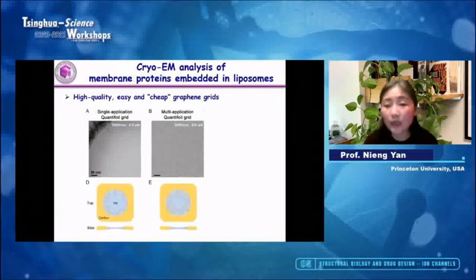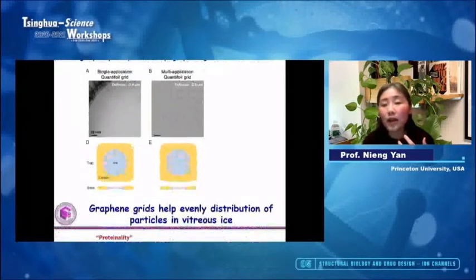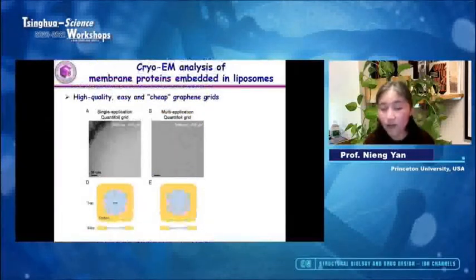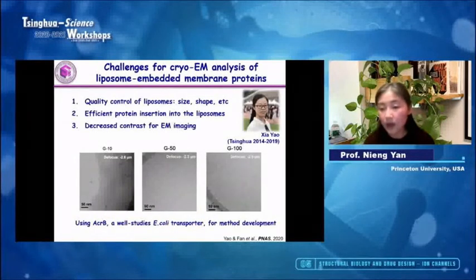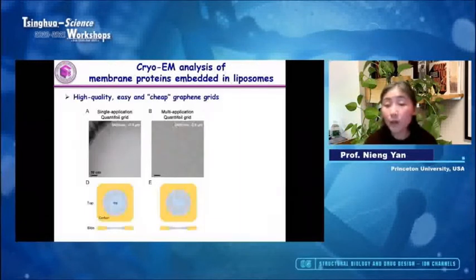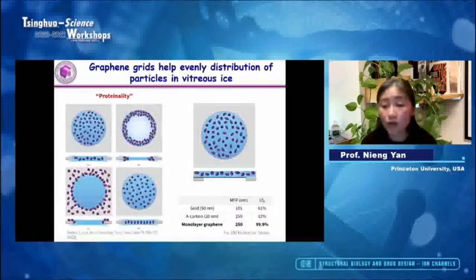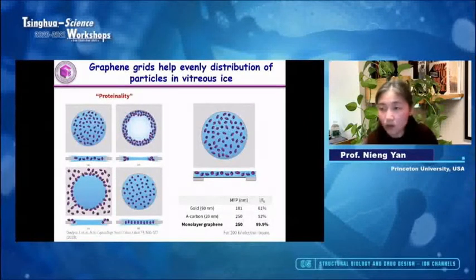I will not go into details. Basically, she refined the protocol, and she was able to obtain beautifully distributed liposomes on the cryo grid. But during this process, we realized that we need graphene grids for even distribution of the liposomes.